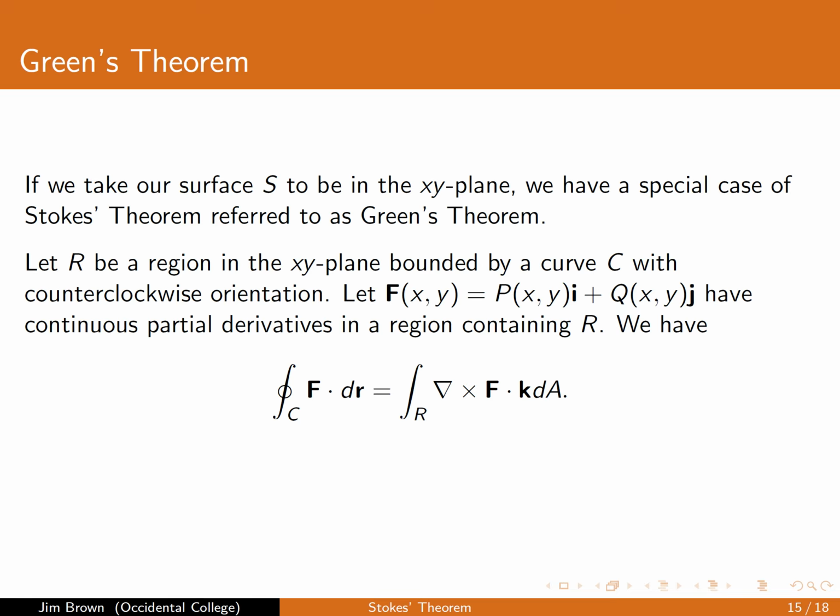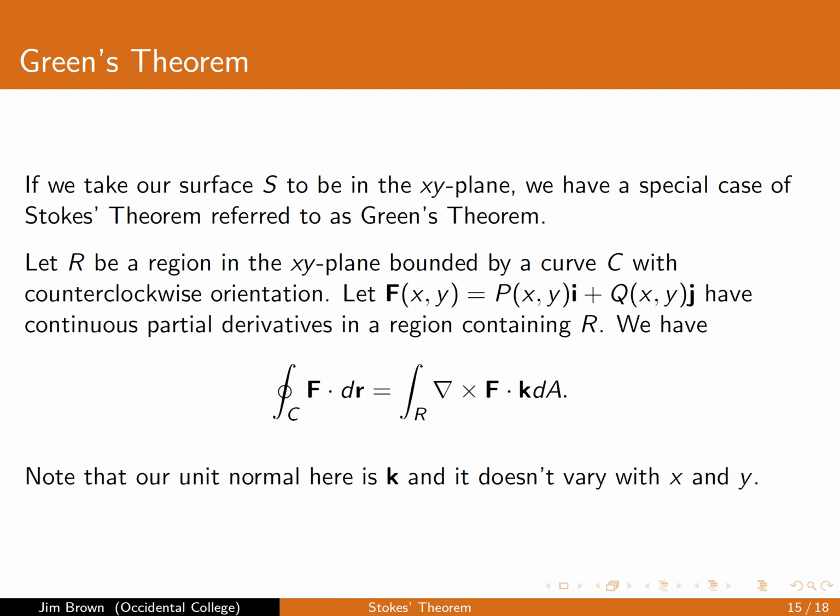So the integral here on the right will be a little bit easier. So this is just a special case. You don't really need to memorize this separately from Stokes' theorem because it just follows from Stokes' theorem by taking the specialized vector field and the fact that the region is in the xy plane.